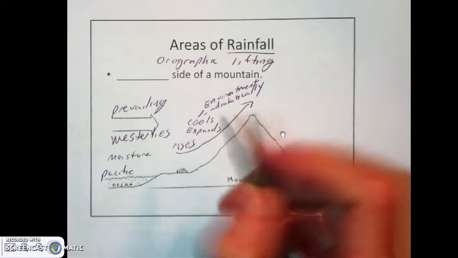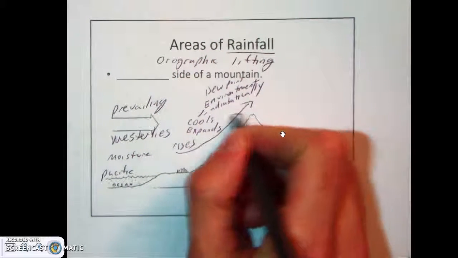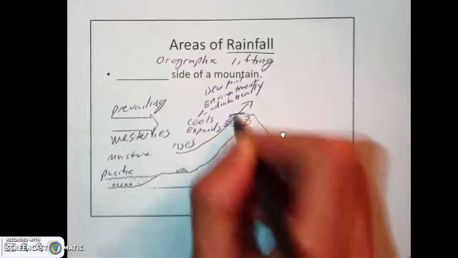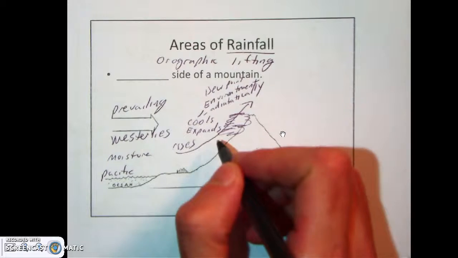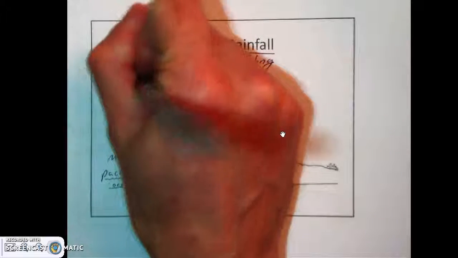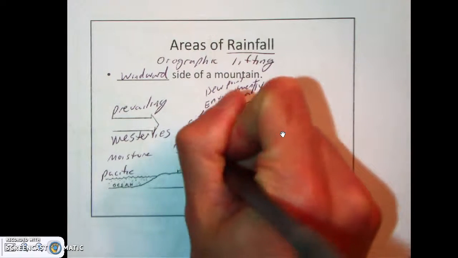Eventually it reaches the dew point and we end up with clouds. So I'll draw some clouds in here, which means that on the windward side of the mountain, we have rain.